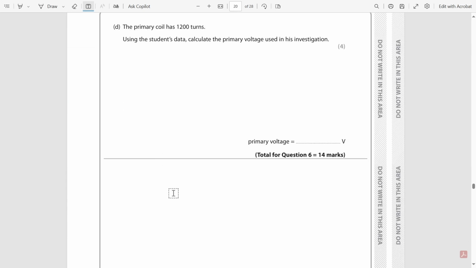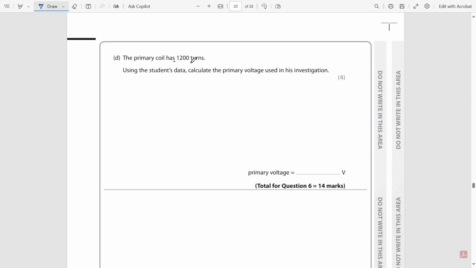The primary coil has 1,200 turns. Using the student's data, calculate the primary voltage used in his investigation.